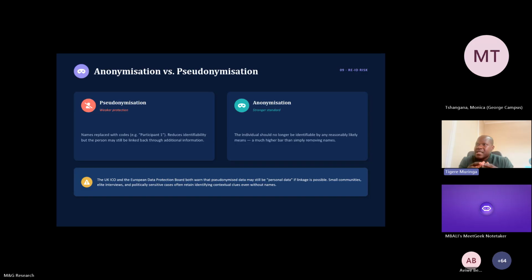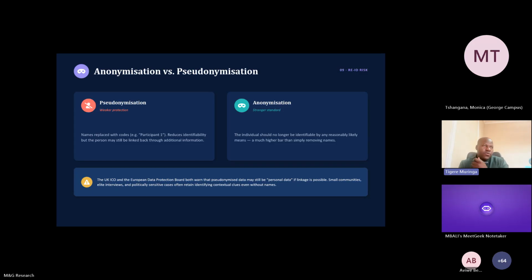When we're looking at anonymization, which is a stronger standard, right? The individual should no longer be identified by any reasonably likely means. A much higher bar than simply removing names is actually required.